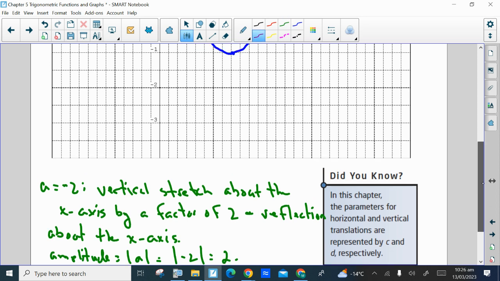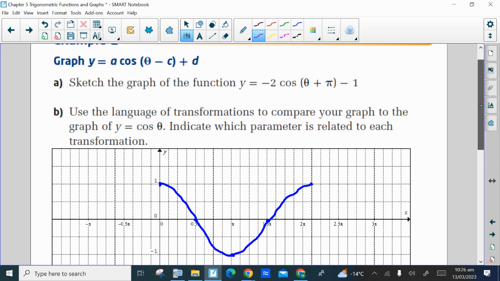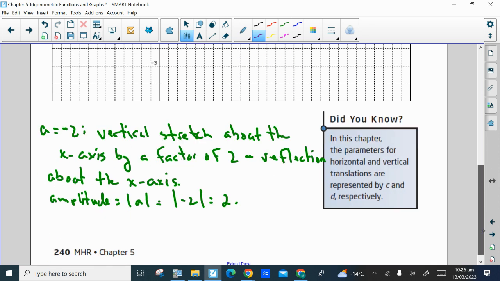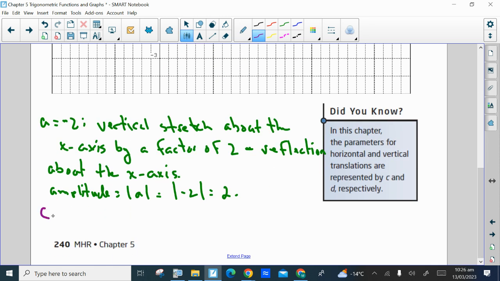Okay, so that was our first parameter, our a. Then we have a c value, and remember the value of c is hooked directly onto the x, or in this case to the theta, with a plus or a minus, and it's inside the brackets. Our c value is -pi. It's always the opposite of what it appears. So therefore, we're going to have a phase shift of pi radians to the left.